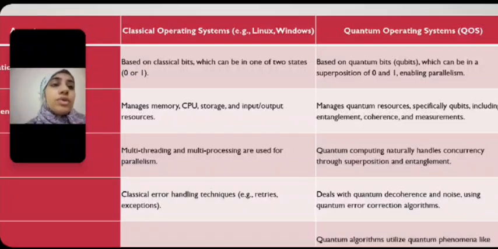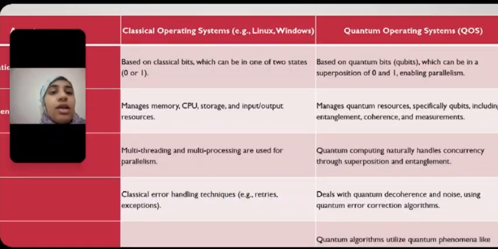So the quantum computing operating system is based on quantum bits, qubits, which can be in a superposition of zero and one, enabling parallelism. Also, the classical operating system manages memory, CPU, storage, and input and output resources. But in quantum, it manages quantum resources, specifically qubits, including entanglement, coherence, and measurements.